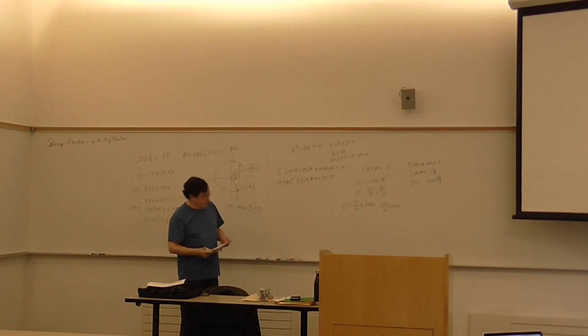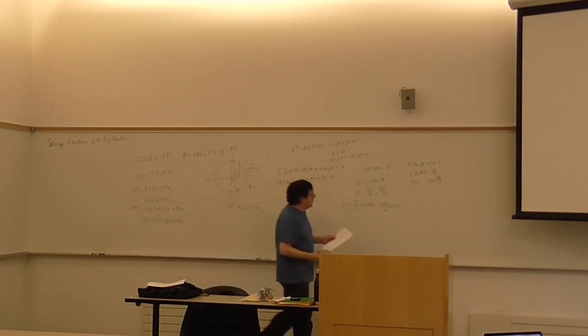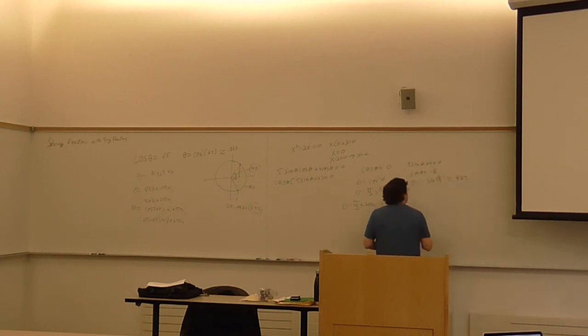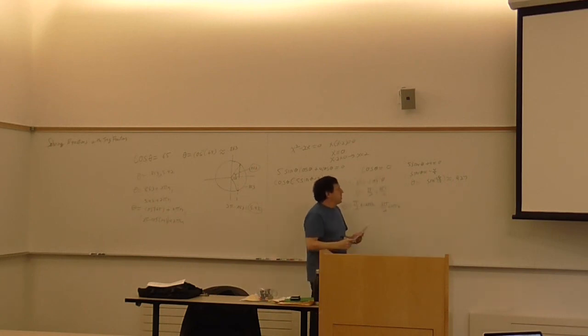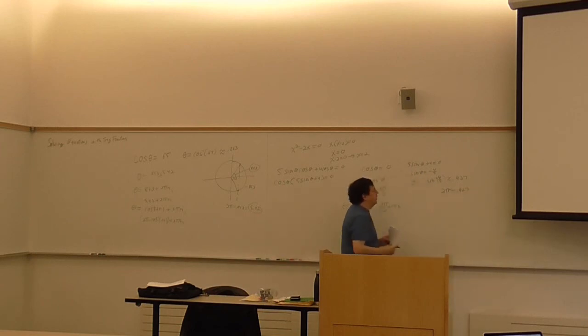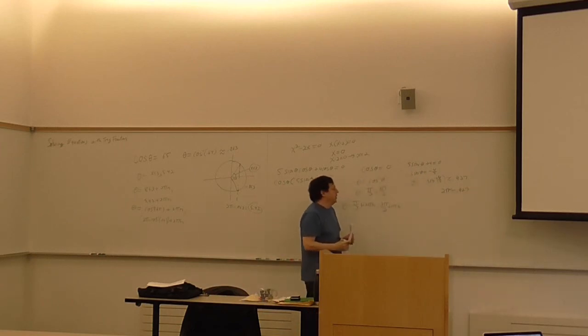Okay, well, that again is a calculator problem. This is approximately 0.927. But again, the complement of that, 2 pi minus 0.927 would also be a solution.